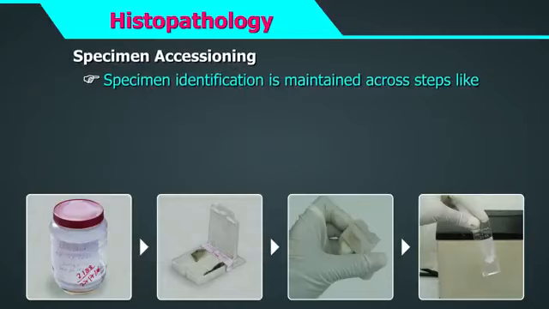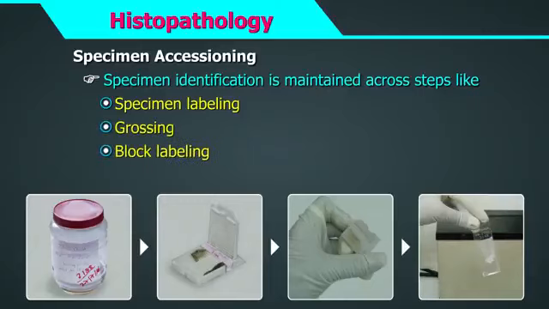Proper identification of specimens should be done by instructing technicians to use at least 2 patient identifiers when receiving samples, as there are multiple levels of tissue handling during which errors can enter the testing process. Specimen identification must be maintained across steps like grossing, block preparation, slide labeling, etc. Laboratories can create their own customized checklists for the same.